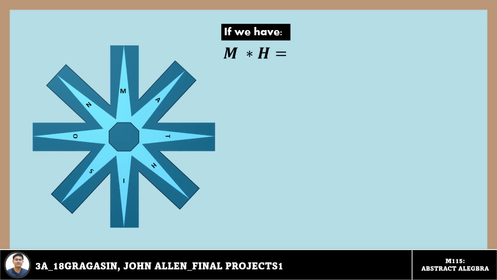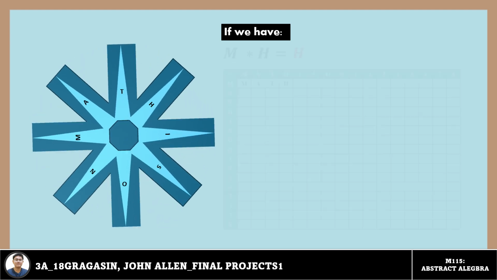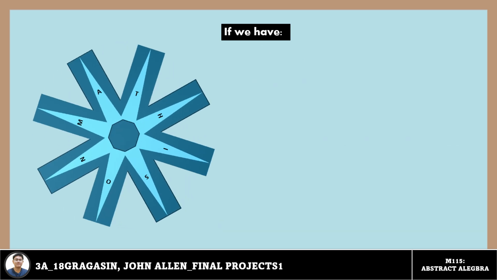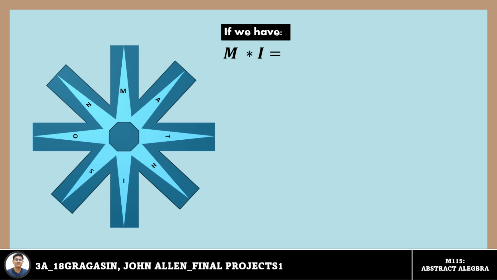Next, if we have M star H or do nothing, then we rotate by 135 degrees. Our resulting element would be letter H. Next, if we have M star I or do nothing, then we rotate by 180 degrees counterclockwise.